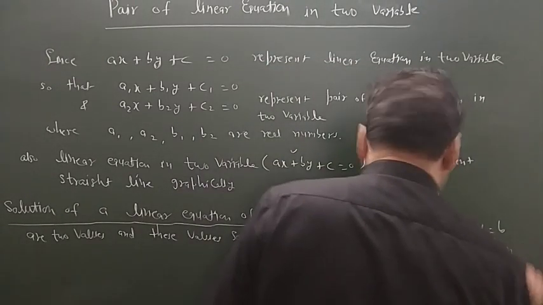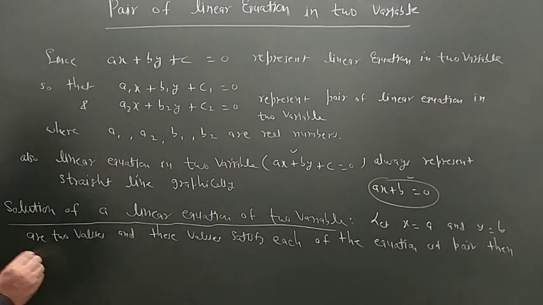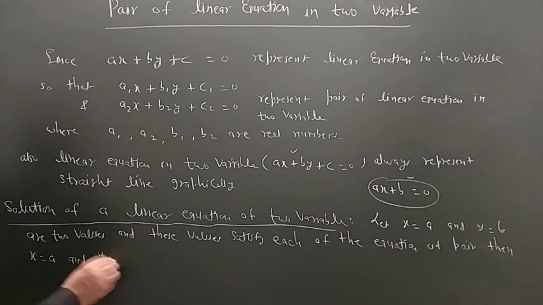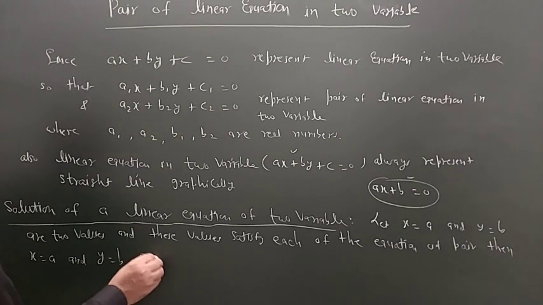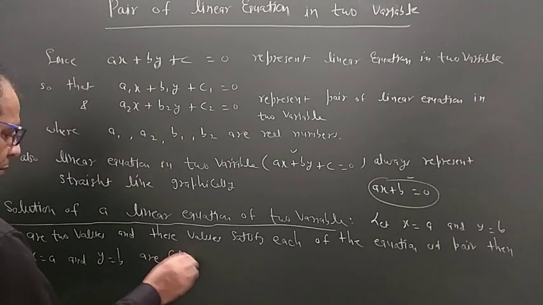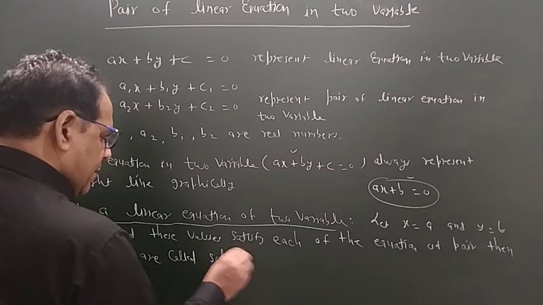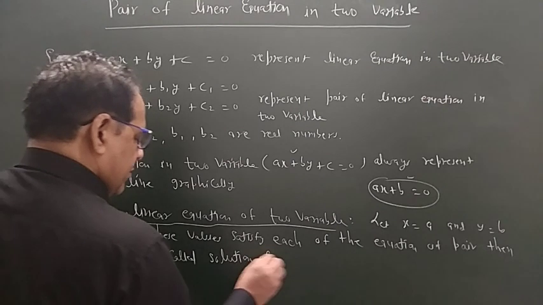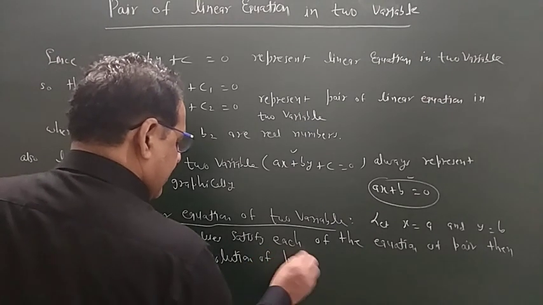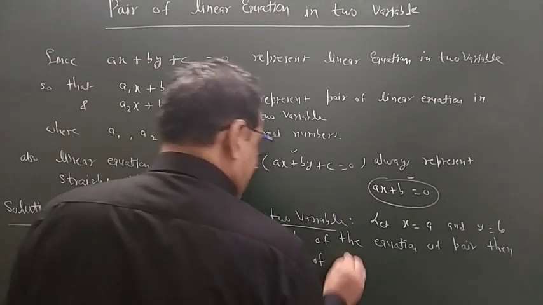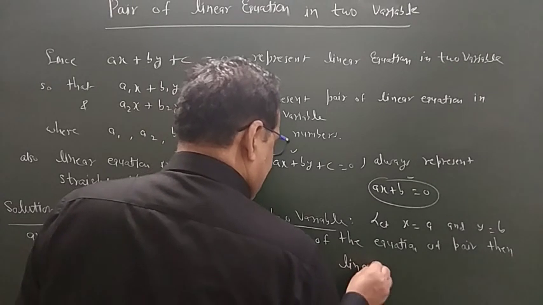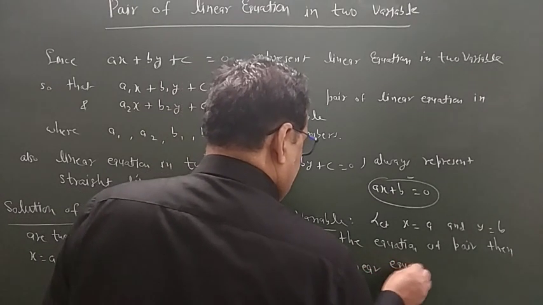Then x equal to a and y equal to b are called the solution of the pair of linear equations.